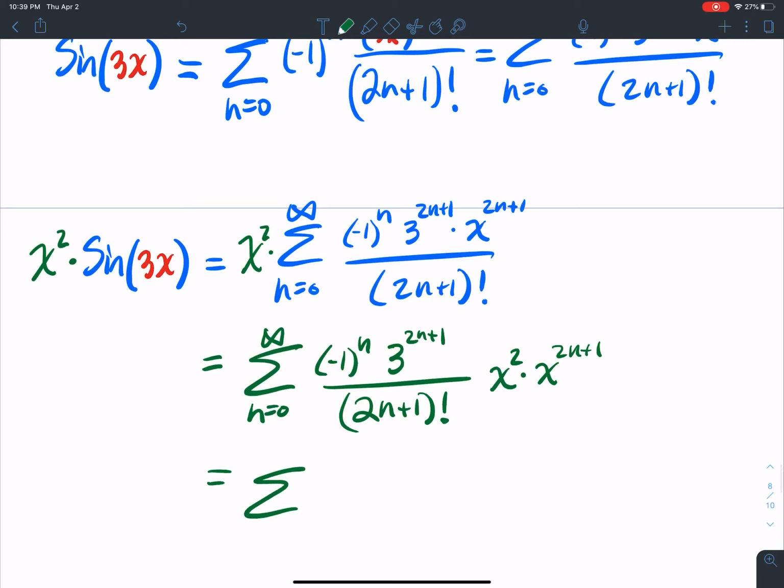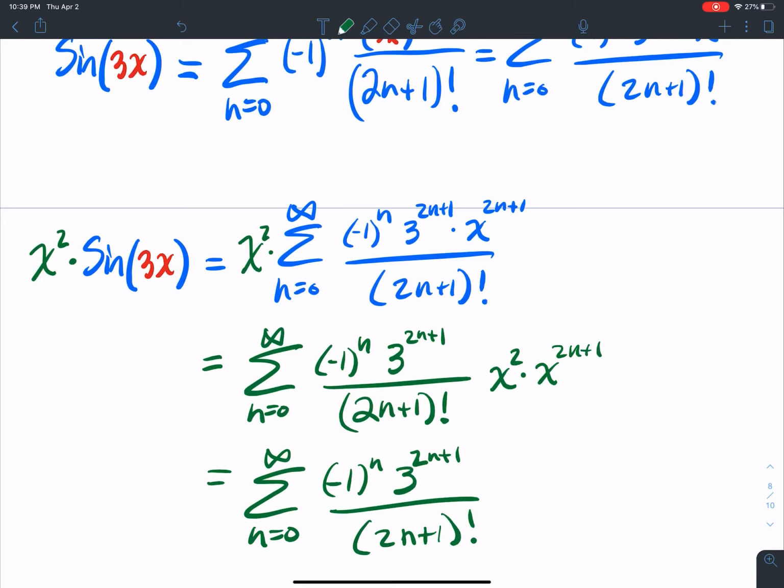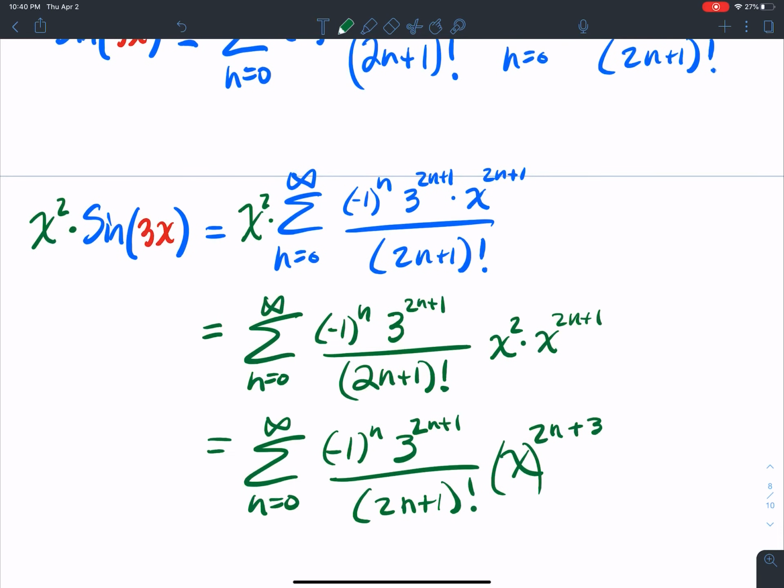And so this is the series n equals 0 to infinity, -1 to the n, 3 to the 2n plus 1 over 2n plus 1 factorial times x to the 2n plus 3. So this right here is my Maclaurin series for f of x equals x squared sine 3x.